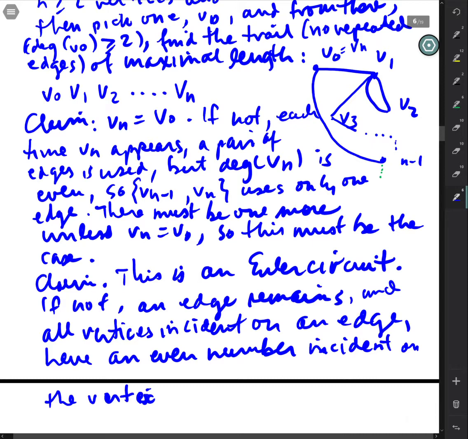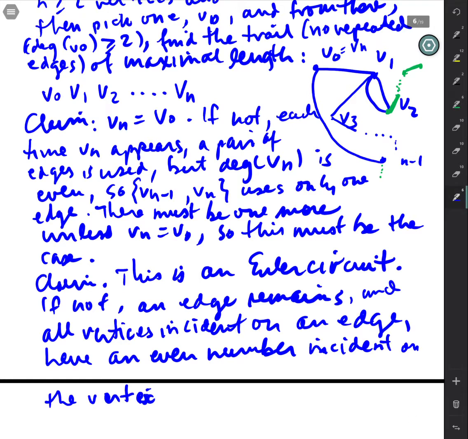So if we have another edge, let me draw one up here, that remains, then there's an even number of edges incident on each of the vertices that still have an edge. By connectedness, there must be an edge incident on the original circuit that is not used in that circuit. And so the same process can be proceeded.